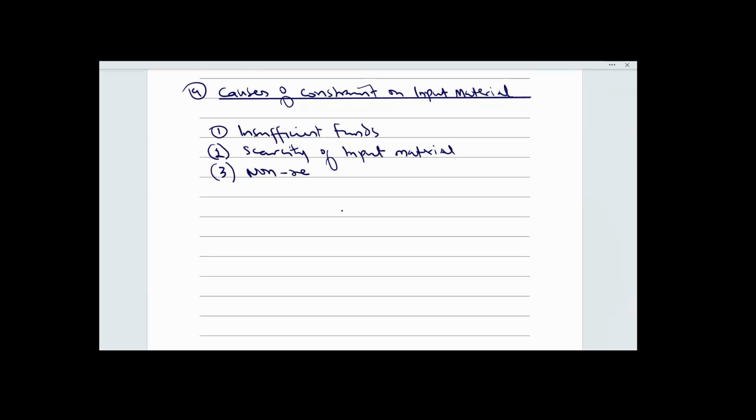So of course, it's a constraint. Non-reliability of supplier. Supplier can disappoint. Once the supplier disappoints to deliver, then of course there will be a constraint because there won't be a smooth production run.